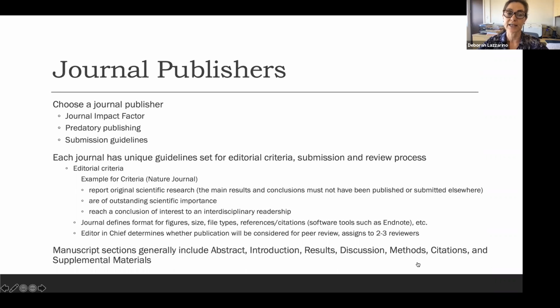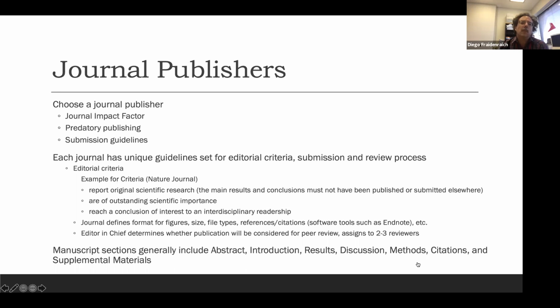But with that has come predatory publishing. So you want to be careful that you're choosing a journal that has a peer-reviewed process, that is not looking for just profit, that they're going to be reviewing and processing your manuscript for consideration in a timely fashion. And there's definitely a lot of information out there. So you want to make sure that when you choose journals, you do not choose a predator, and a lot of the faculty would be able to guide you on that too.